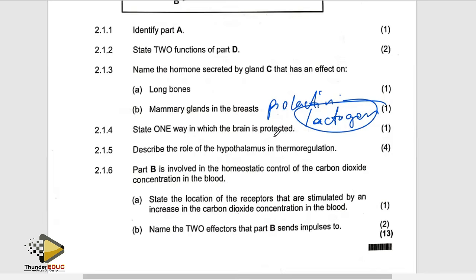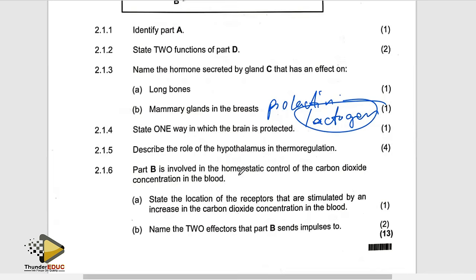And it also influences the sweat gland, either to be more active or less active. Basically, that's what you need to know, because they didn't ask you whether it is cold or hot conditions.